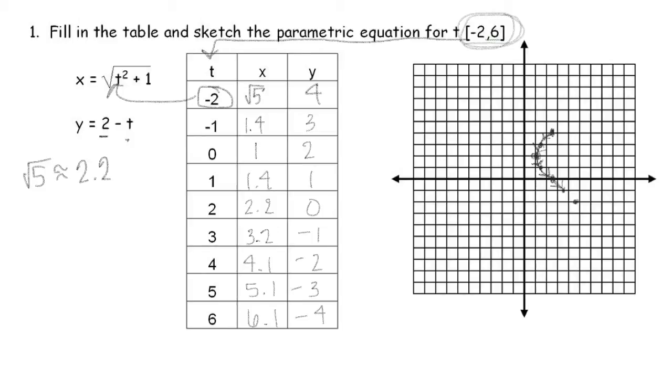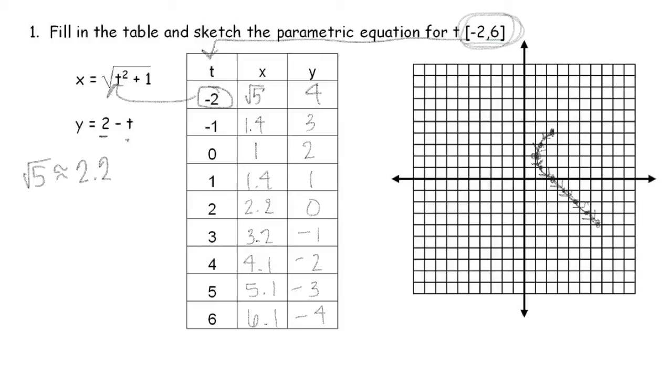And then 5.1 and -3. So it almost looks like we've got some kind of slope going on here. And then 6.1, -4. And so again, connecting these. And that should be about what you see graphed here.